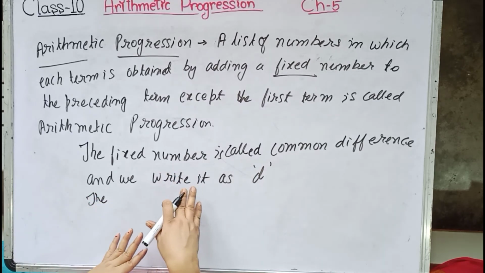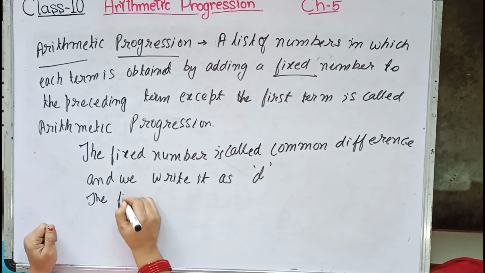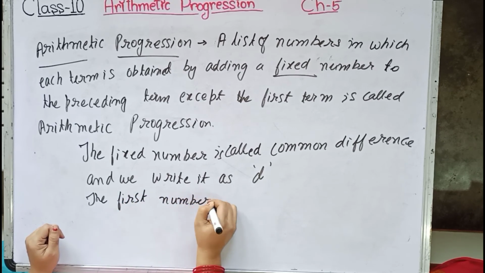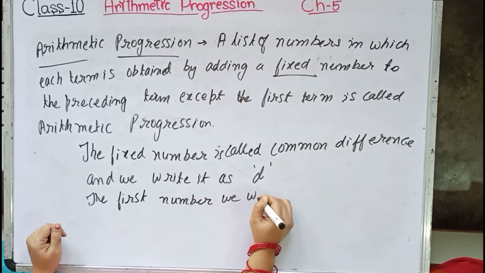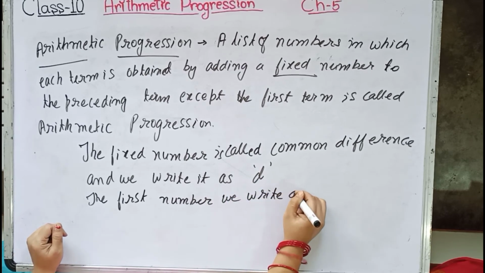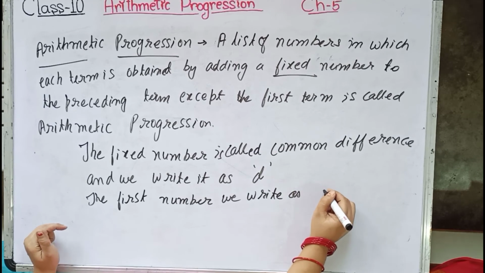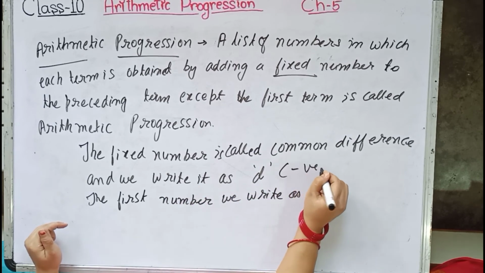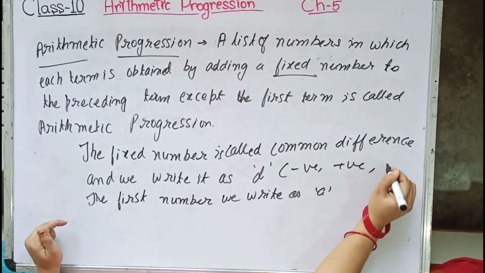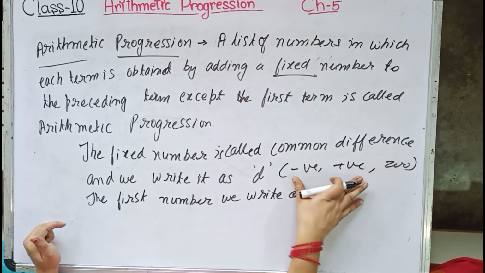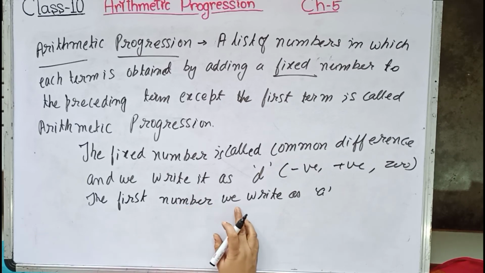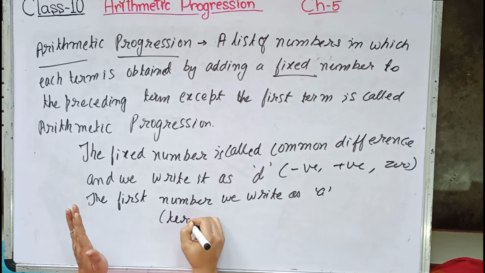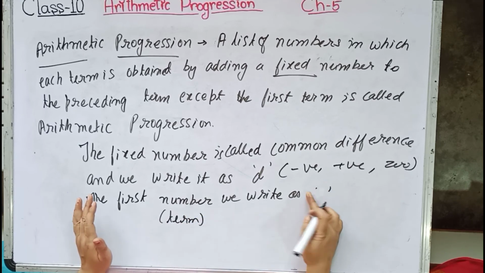The first number we write as small a. Now take care, here small d can be negative, positive or 0. This will help you in 1 mark. Now the first number or the first term, you can write over here first term, we write as small a.